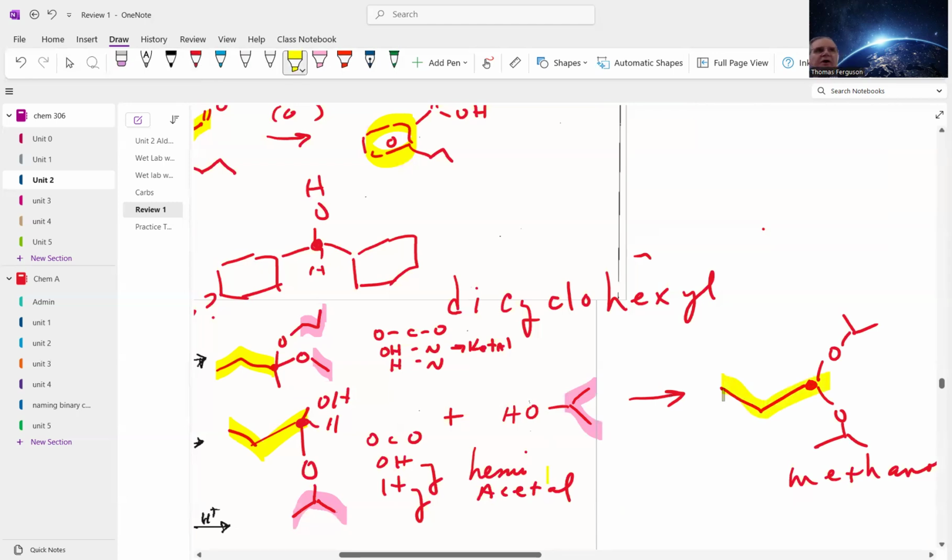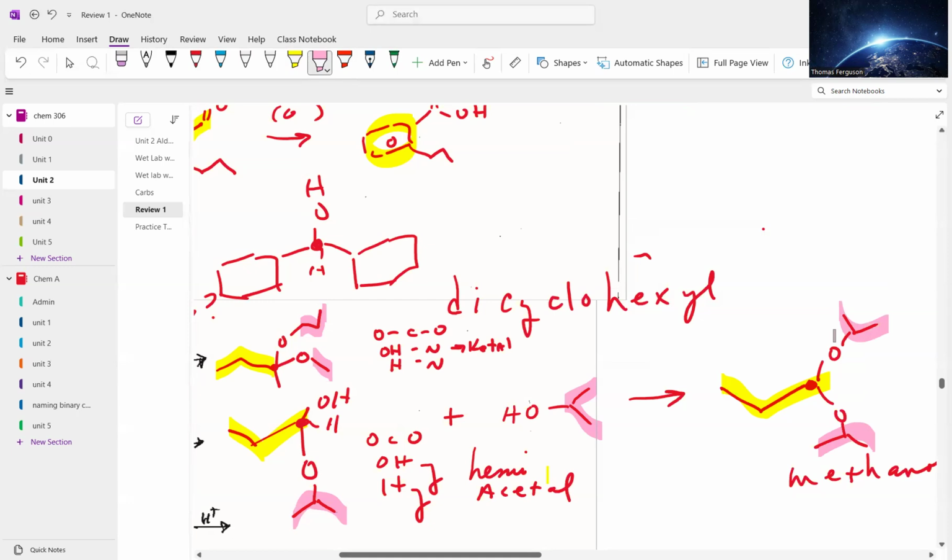So that's the original 3-carbon aldehyde. And then we have the 2 alcohols that were added. Again, keep track of the anomeric carbon. And that's what actually takes place when we're talking about adding alcohol to a ketone or aldehyde.